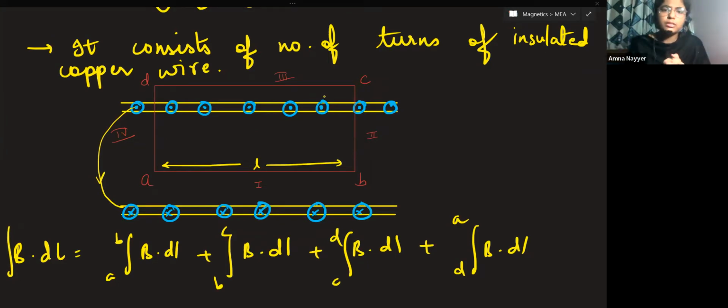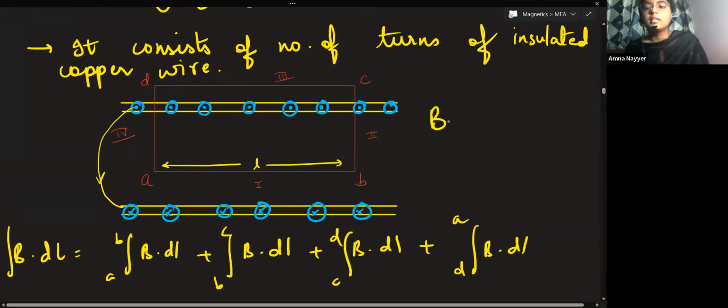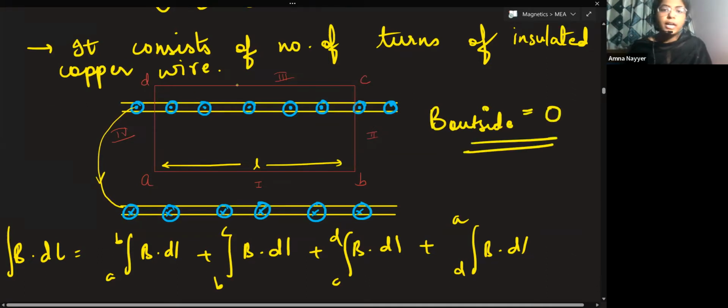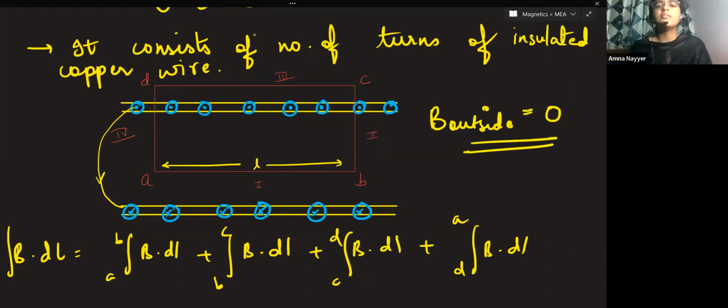So we have to consider only a region and it has to be closed, so we have to complete the CD. For completion of CD, we have to take such a portion where the magnetic field is not there, so that our AB doesn't get disturbed. Remember, at any point outside the solenoid, the magnetic field is 0. So B outside is 0. That's why in the CD part, the magnetic field is not there.